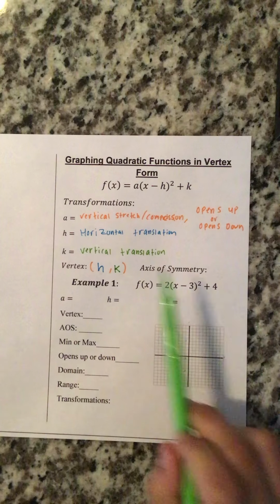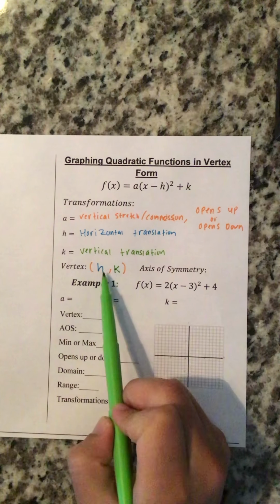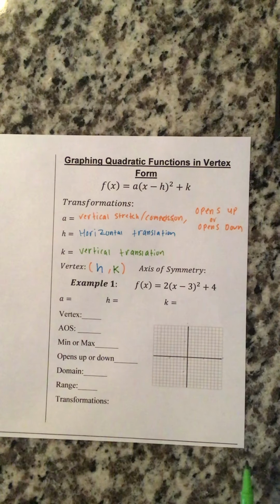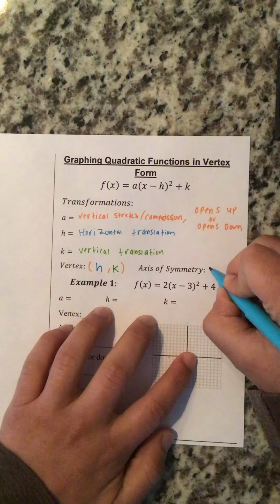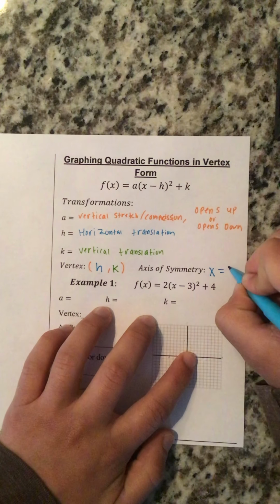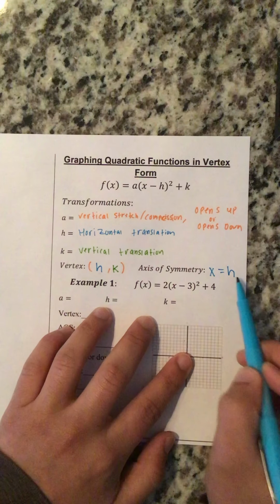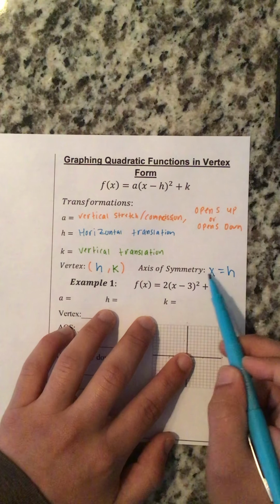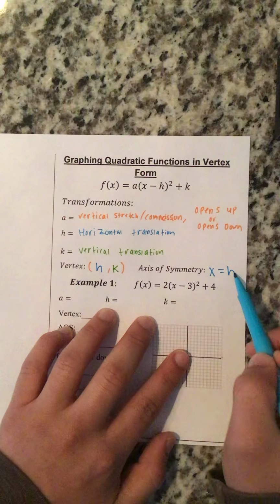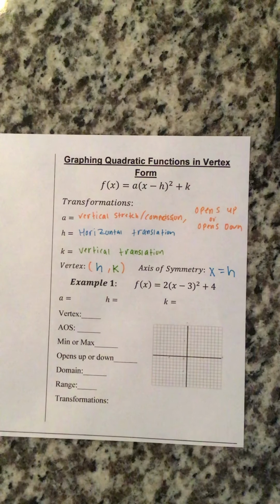So my vertex for the parabola is the h value, comma, the k value, okay? And the axis of symmetry, the equation for that is x equals h. So that's how it always starts, x equals, and then put the h right there, okay?